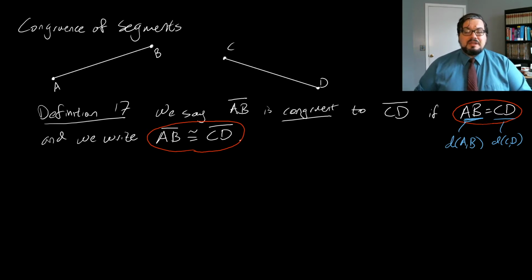And so the statement AB equals CD means that the number AB is equal to the number CD. And here we're just using equality of real numbers, which we're familiar with.